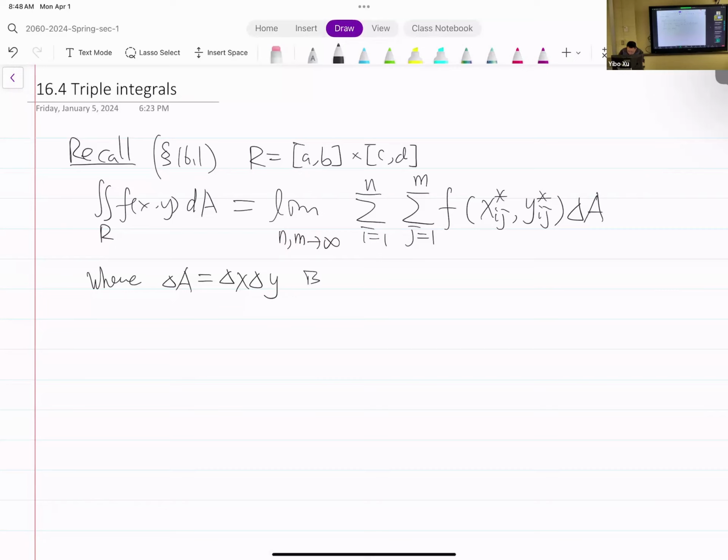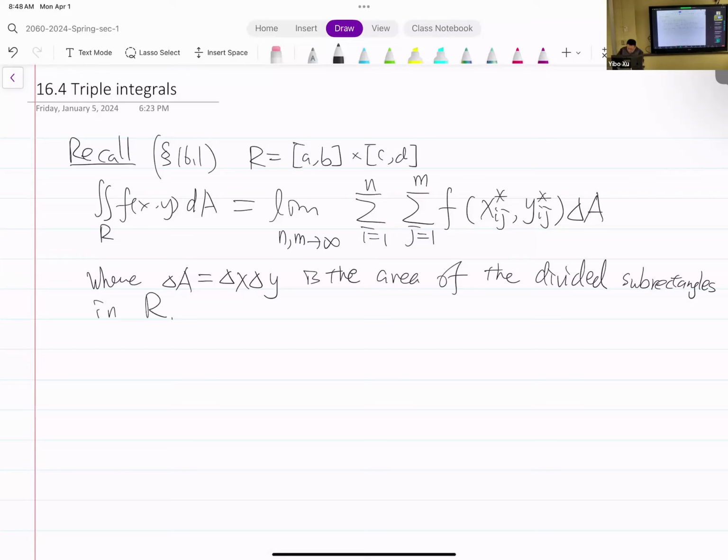It is the area of the divided subrectangles in the rectangle R.